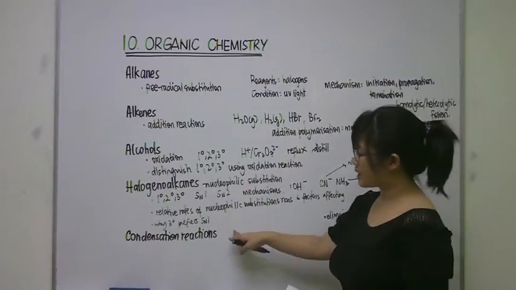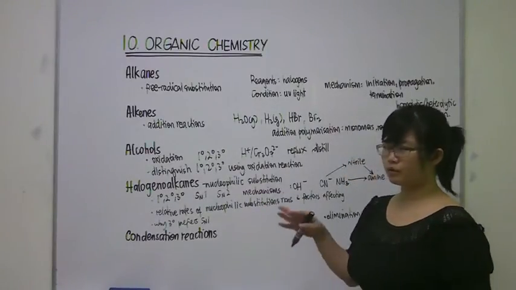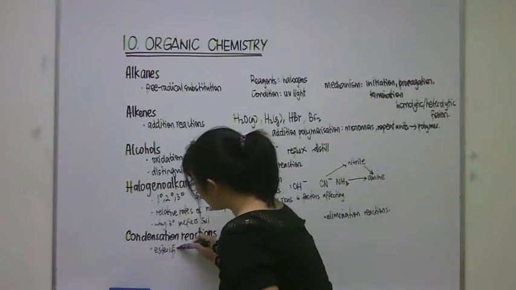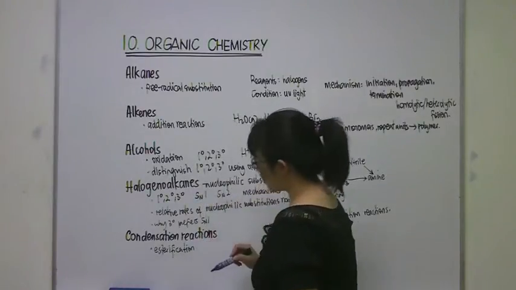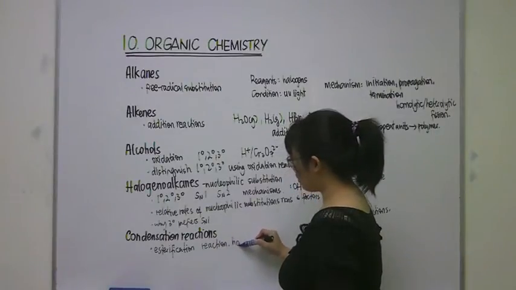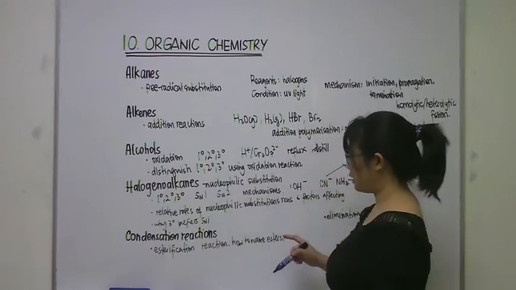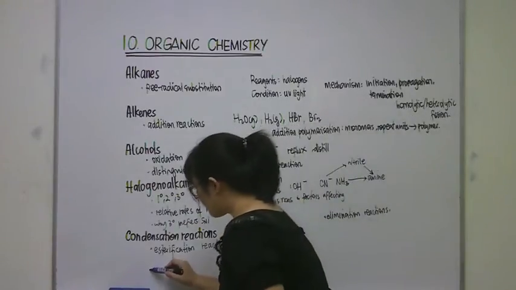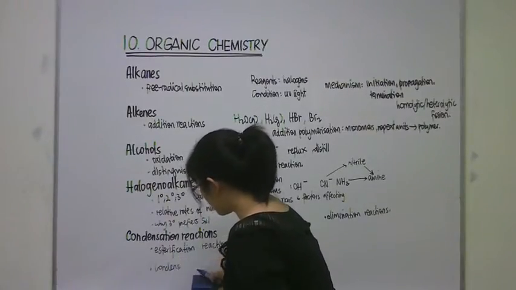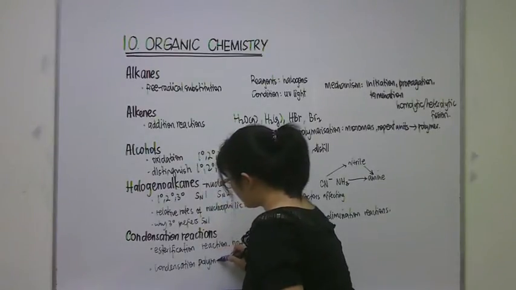Okay, and the last, condensation reactions are only applicable to your higher level students. So here you need to teach them about esterification, okay, and so the reaction and how to name esters, okay, and the last one will be condensation polymerization.